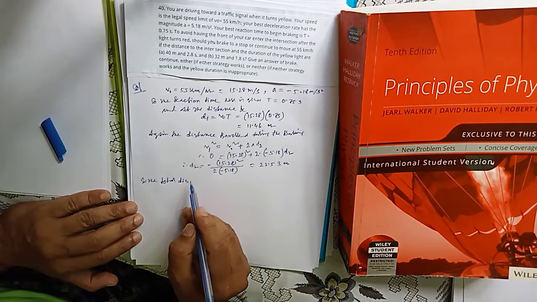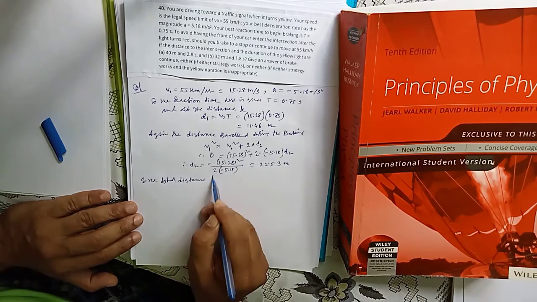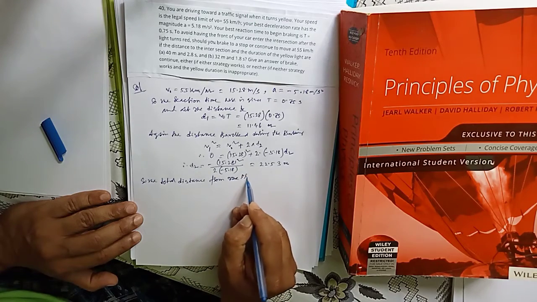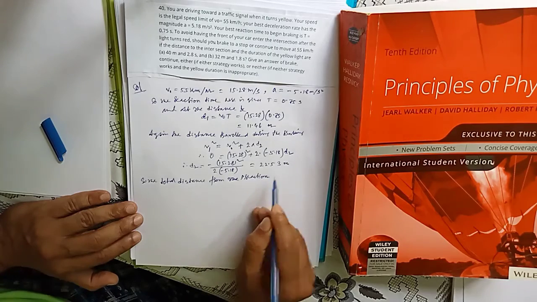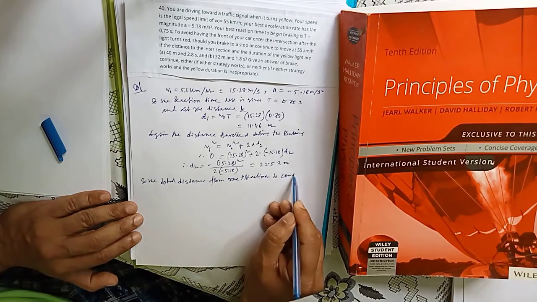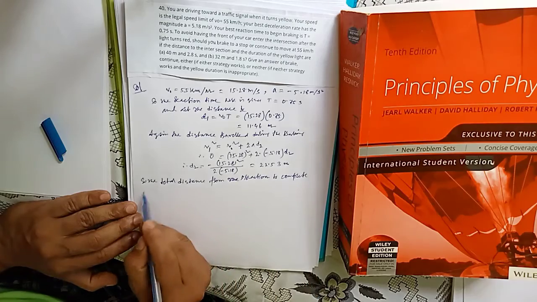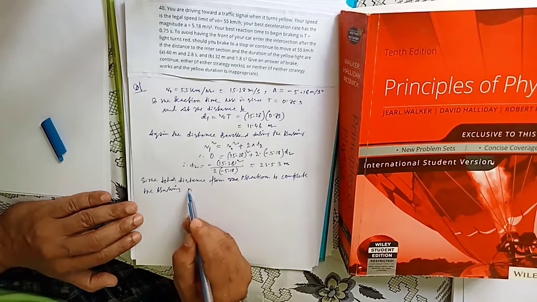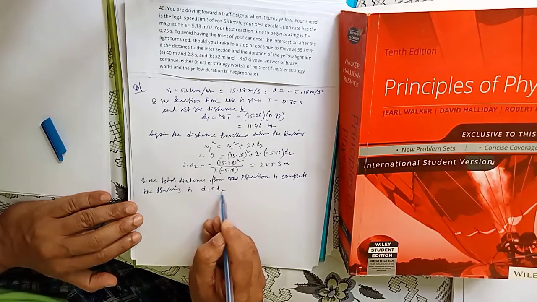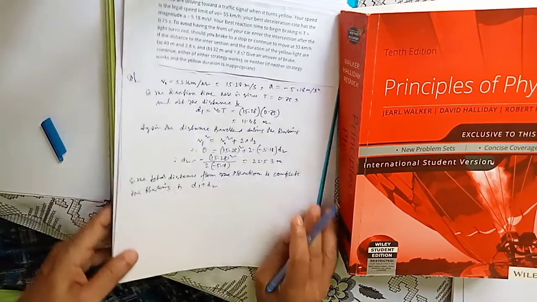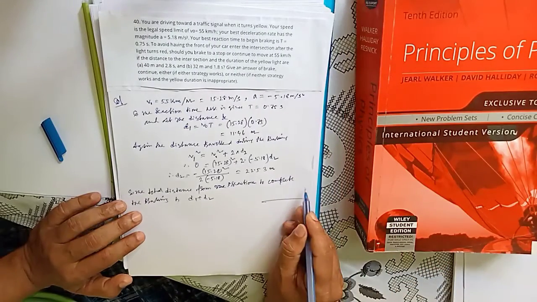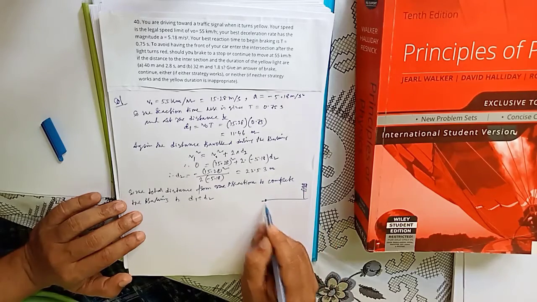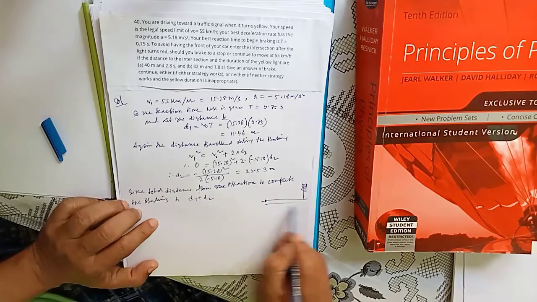So the total distance from reaction to completing the braking is obviously d1 plus d2. If we draw a picture, here the signals are there, the zebra crossing, and the braking distance d1 plus d2 will be the total distance.